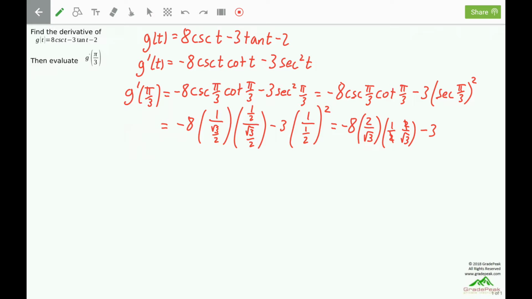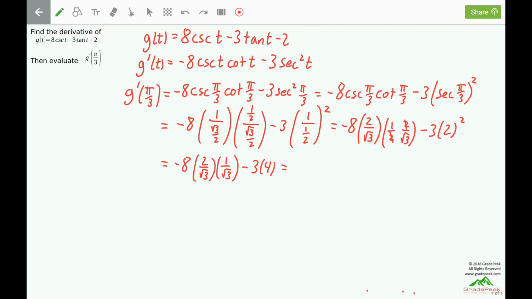And then minus 3 times 2 over 1 times 1, which is a 2, and then squared. So this gives us negative 8 times 2 over root 3 times 1 over root 3. And then minus 3 times 2 squared, which is a 4.